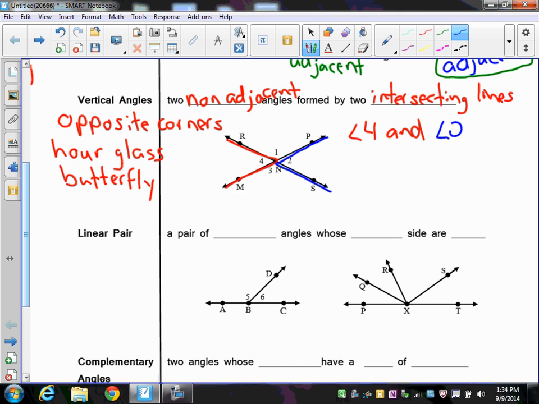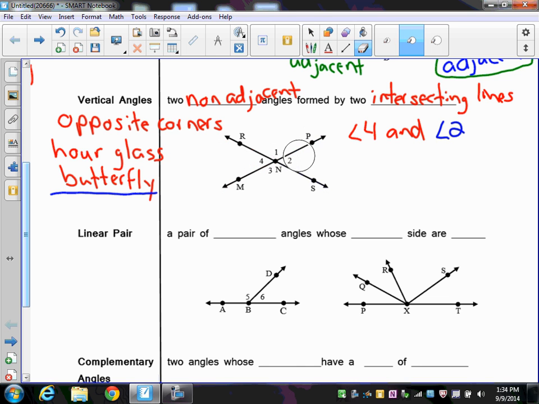Those are vertical angles. Now, why did I say they were butterfly angles? Because you should remember from our earlier notes, those angle marks mean they're congruent, and vertical angles are congruent. So whenever you see those two angle marks that are on opposite corners, those are vertical angles.